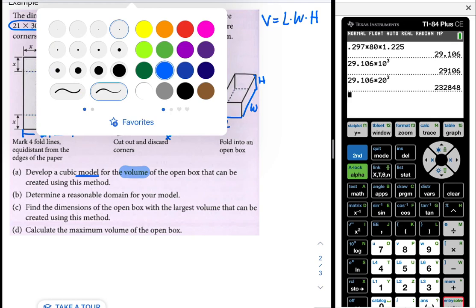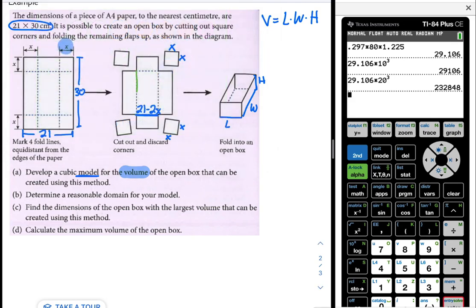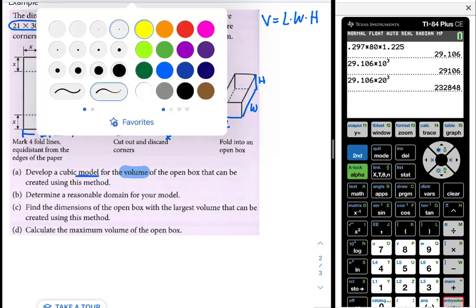And if we think about the length of this side here, well, what is the length of this one? Well, this time it's 30, but I'm subtracting x and subtracting x from the other side. So I'm going to have 30 minus 2x. That's going to be talking about the base of our box.